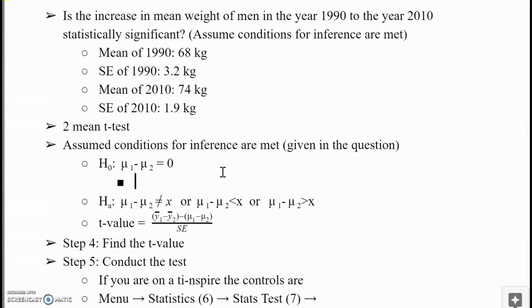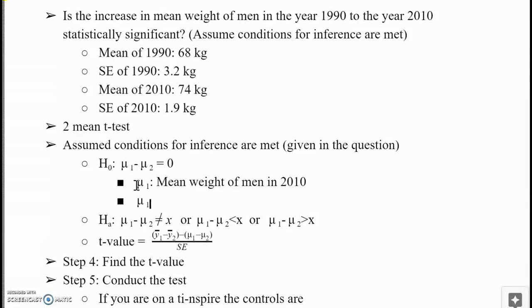Say mu1 is the mean weight of men in 2010, and for mu2, I would write the mean weight of men in 1990. Of course, you can do it the other way around. It is perfectly acceptable. No worries.